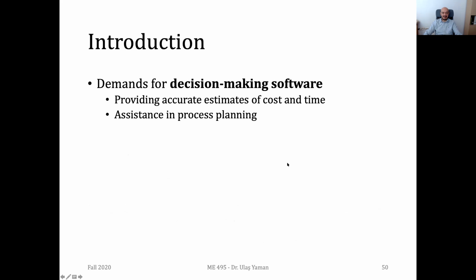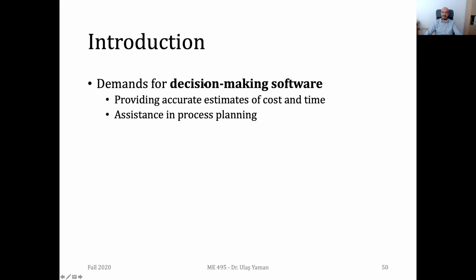And as I said, this chapter is about process selection, how we are going to do it. We have some restrictions, we have some rules, we have some knowledge about the processes and the machines. So we want to use it in decision-making software. So we will have a kind of simple software, and behind this software, some algorithms will be running, and they will be checking some types of machines and some processes.